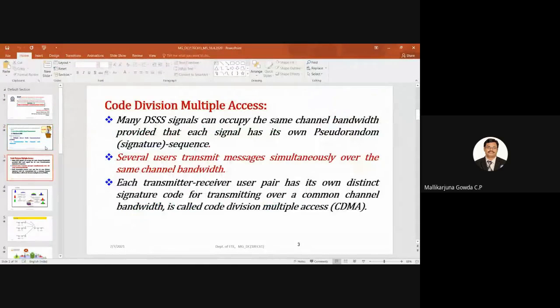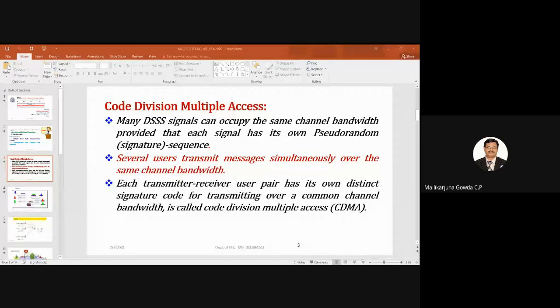Yeah, I think the next application is about code division multiple access. Hope it is visible. See, now how the strength has increased. It was 40 plus. Now it has become 51.